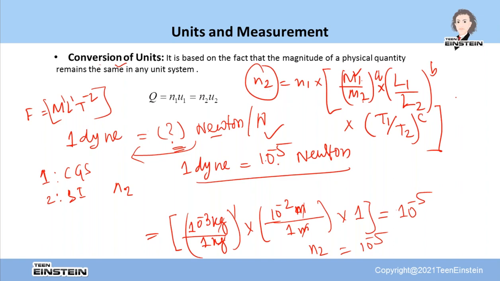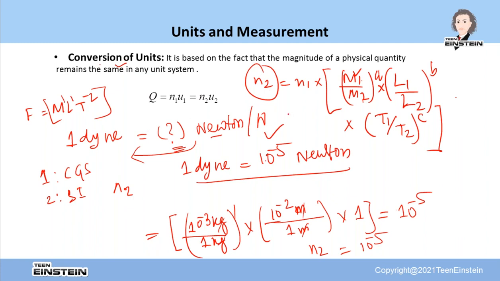All right. So this is how we can use dimensional analysis to find the factor with which you can multiply the quantity and get the conversion done. Conversion means from one unit system to another unit system.